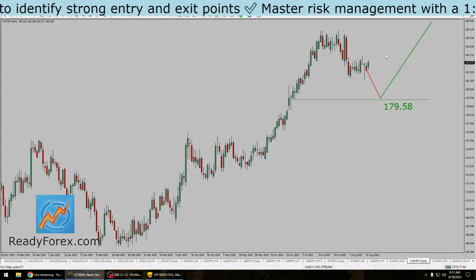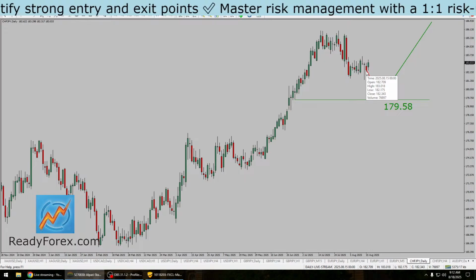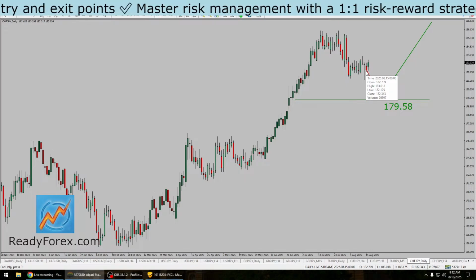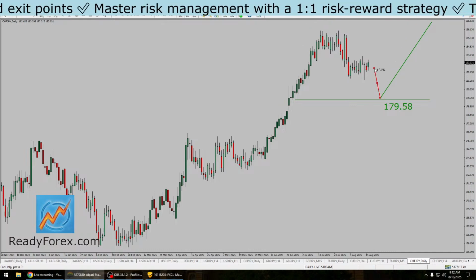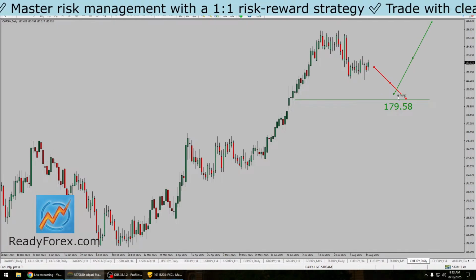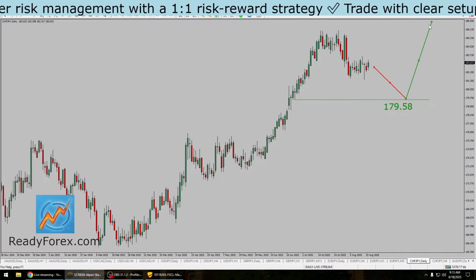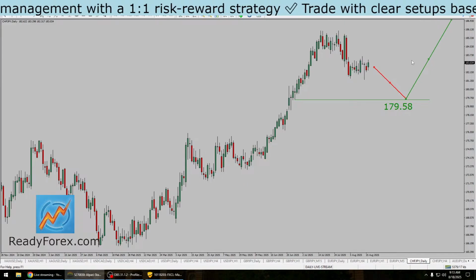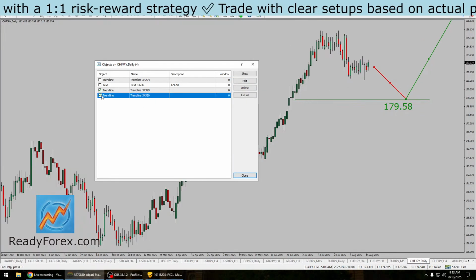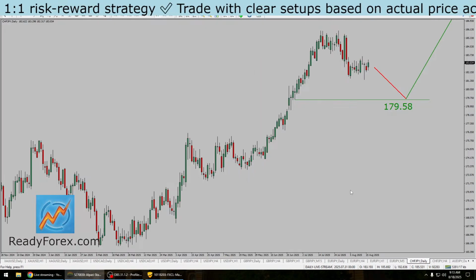Okay, so Swiss franc versus Japanese yen currency pair. The way I see market is most likely going to drop first, and then look for potential bottom somewhere around 179.58 level inside Swiss franc versus Japanese yen currency pair.